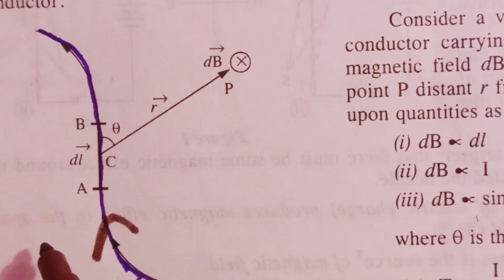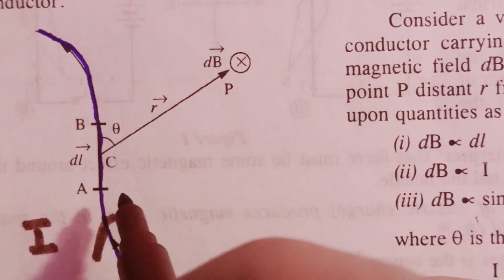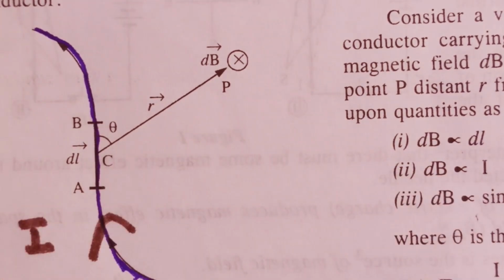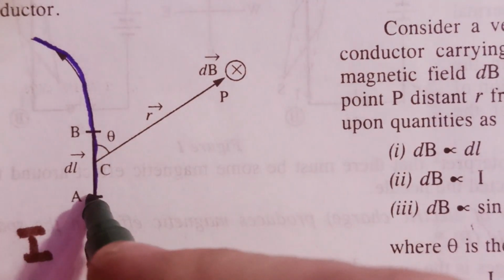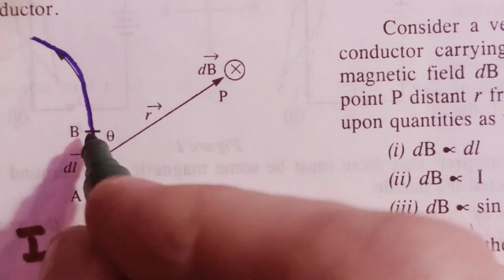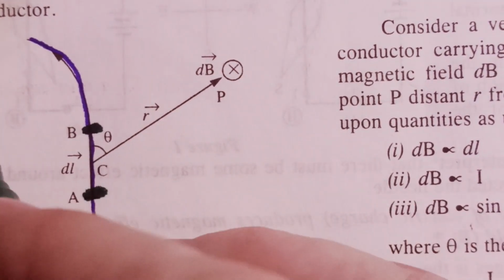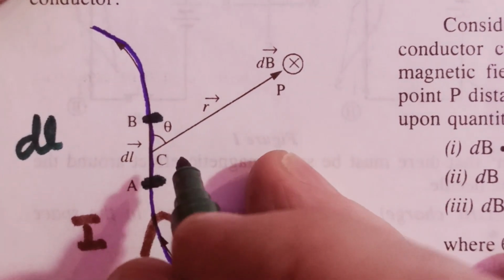You know very well current is a scalar quantity. Now we consider a very, very small element, a very, very small length of this conductor. A small length is called a length element. How much? dl.